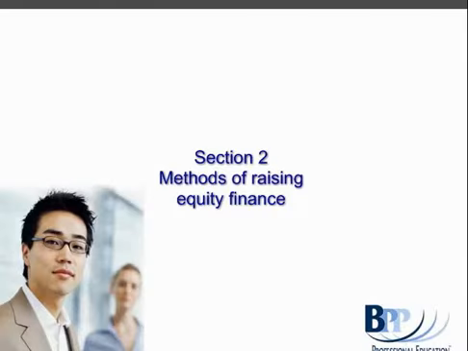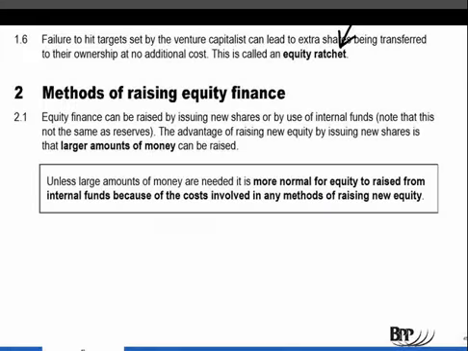Okay, we're now going to return to the idea that you can raise equity finance from your ordinary shareholders. Although, as we note at the beginning of section 2, a company will not have to do this if it already has cash. So if you already have cash in your bank accounts, by using that cash you're using your shareholders' funds, and so you are using equity finance, but you're not having to raise ordinary share capital in order to do that.